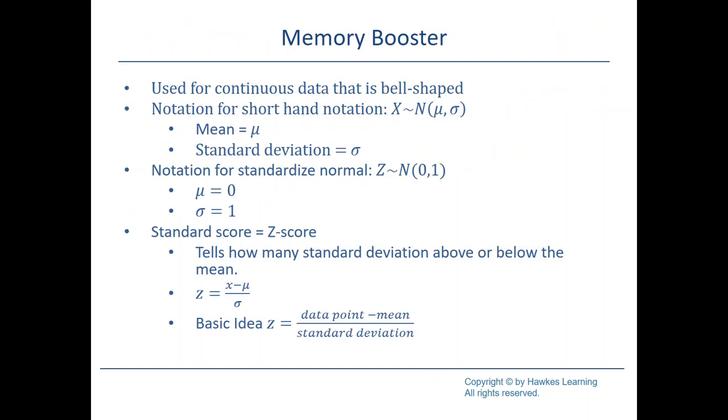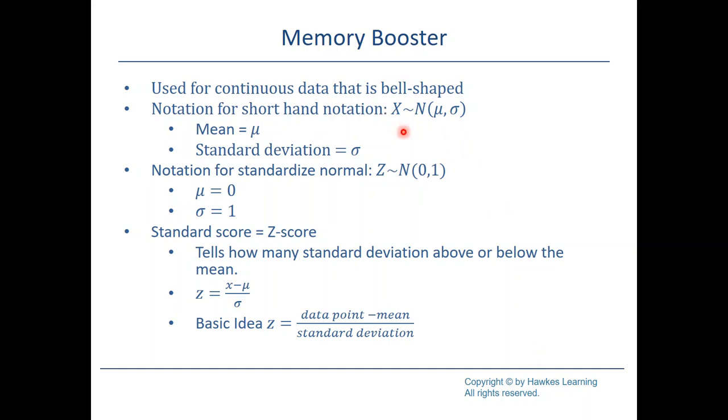So to sum everything up, guys, what you need to take away from 6.1 is that it's used for continuous data. This is what our normal distribution is actually used for. And we have a bell shape. For the notation shorthand, it's very helpful to write the big ideas down.